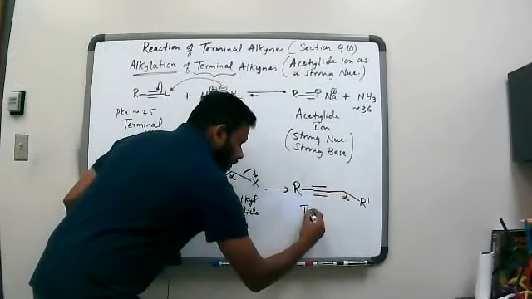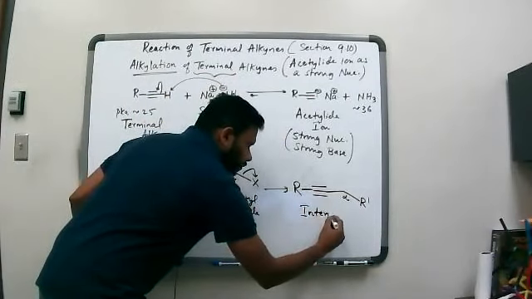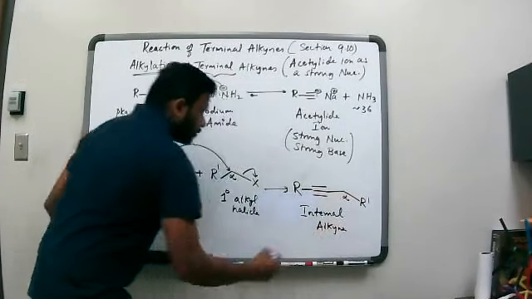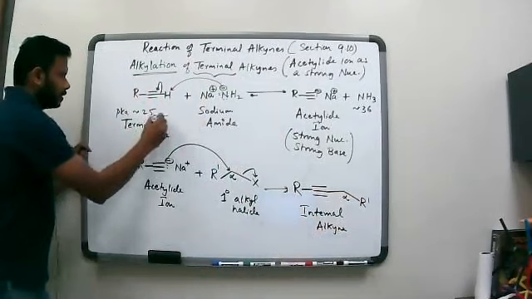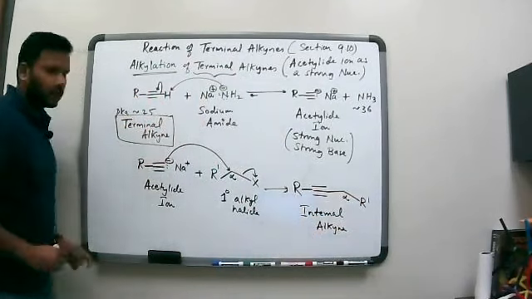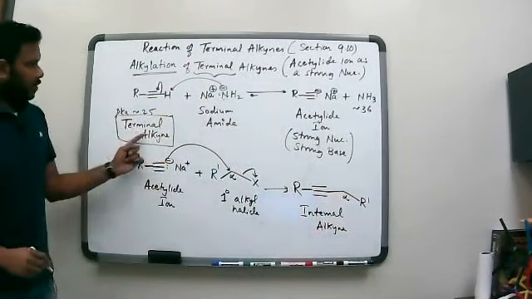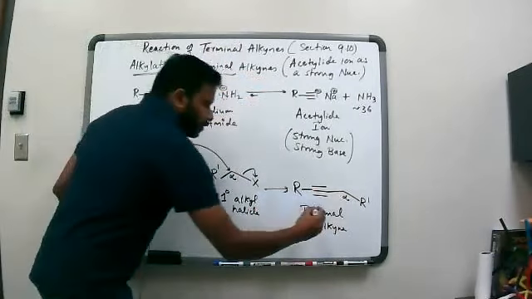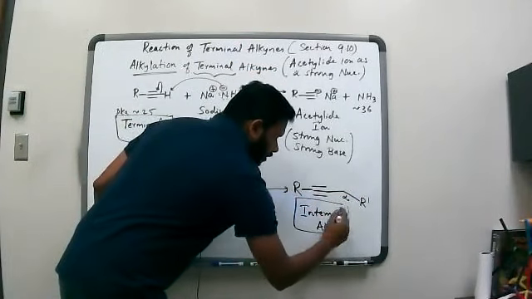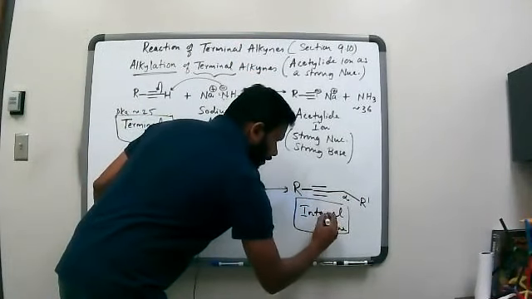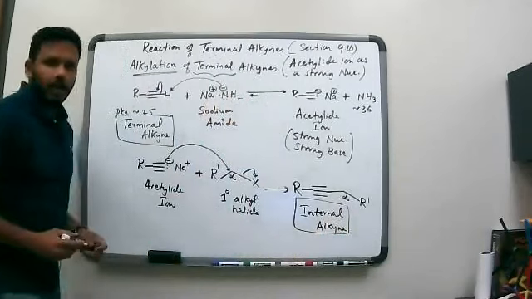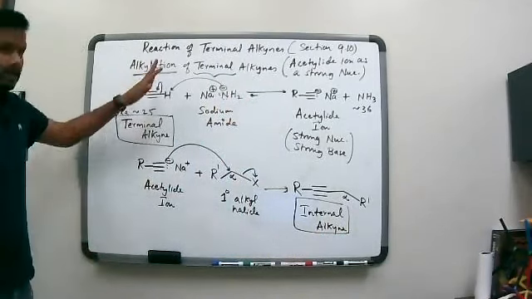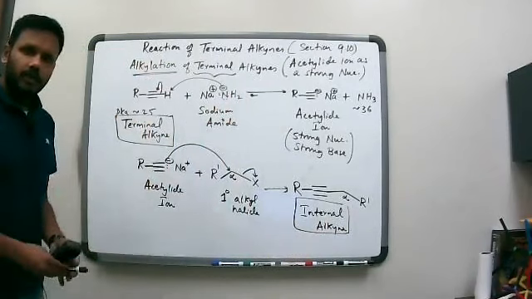So what this reaction allows us to do is convert a terminal alkyne, that's where we started, via an acetylide ion, into an internal alkyne. So that's the alkylation of a terminal alkyne.